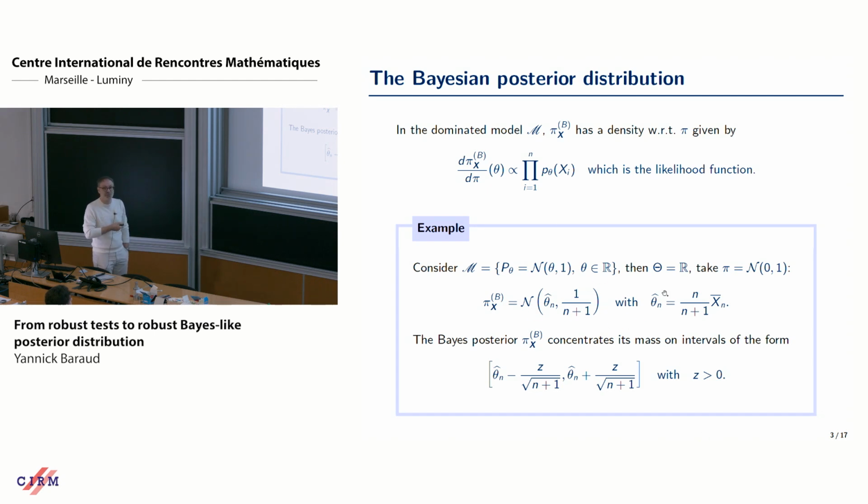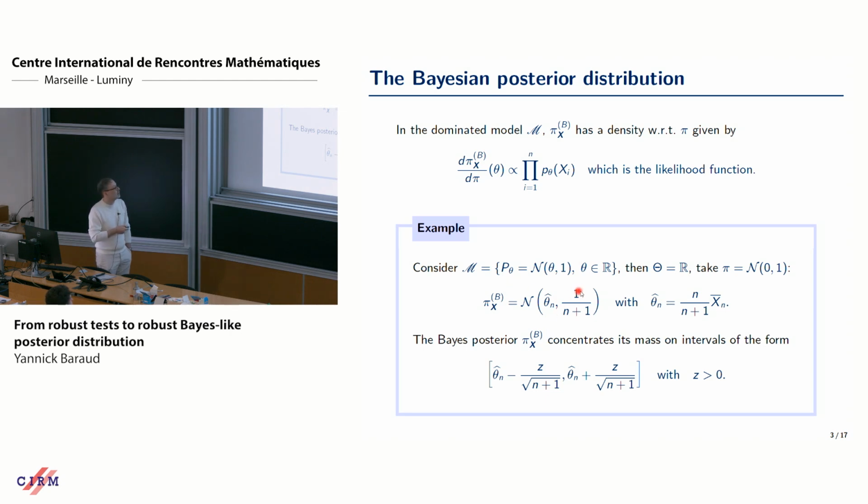So this is probably one of the most elementary examples you see in class the first time you see a Bayesian approach. So imagine that the statistical model is here just the Gaussian model, Gaussian distribution with variance 1. So it's a translation model, and you want to estimate the parameter theta, and you take as a prior just the standard Gaussian distribution. So it is very easy to calculate the posterior distribution in this case. It's Gaussian.